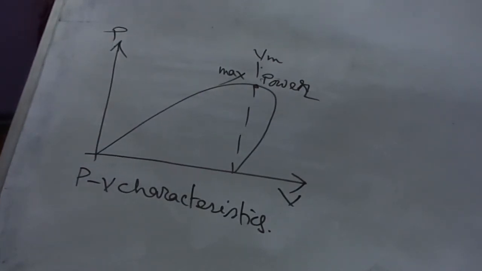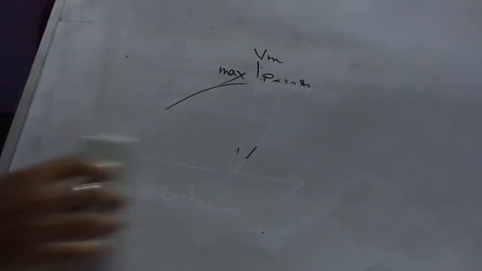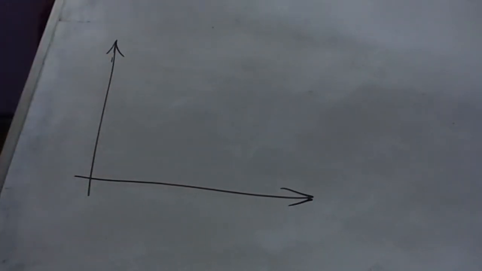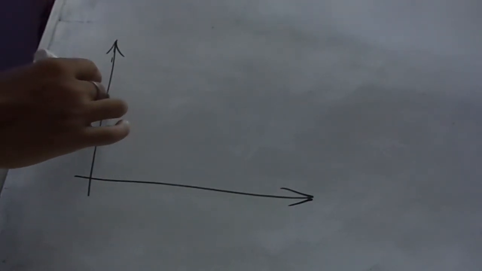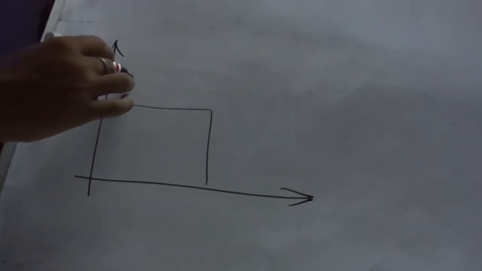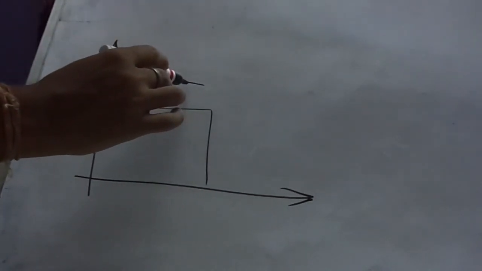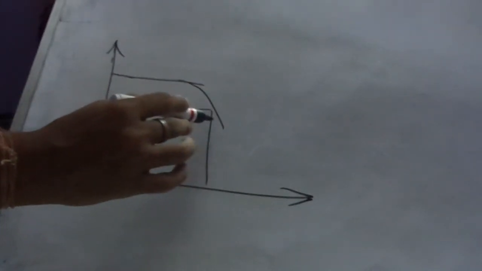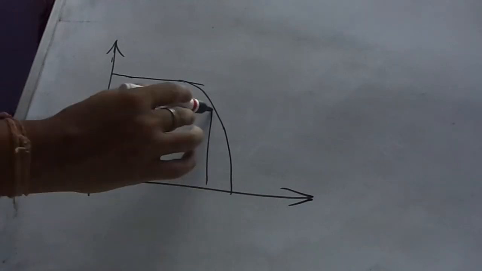Another one is the IV characteristics or maximum power point. If you draw the diagram of the IV characteristics, it looks like this.